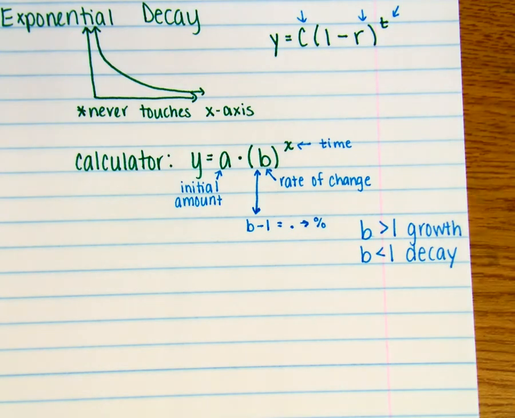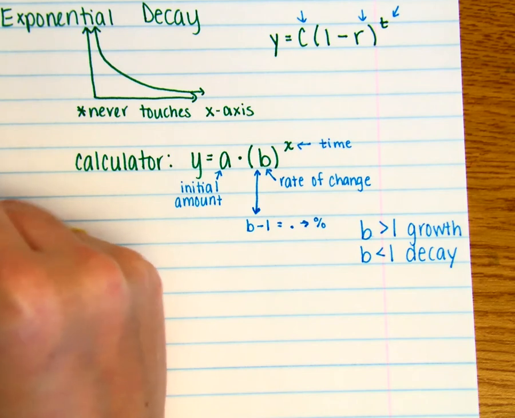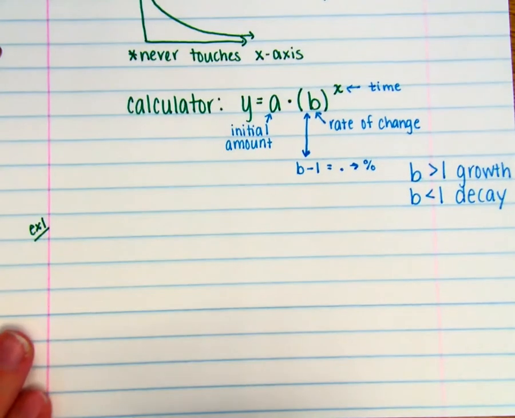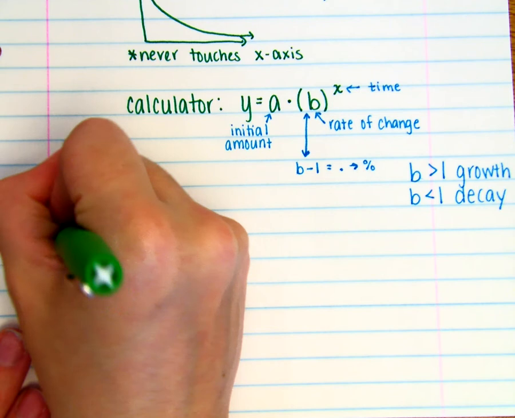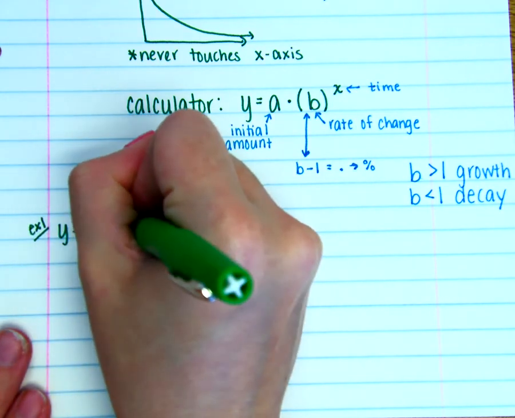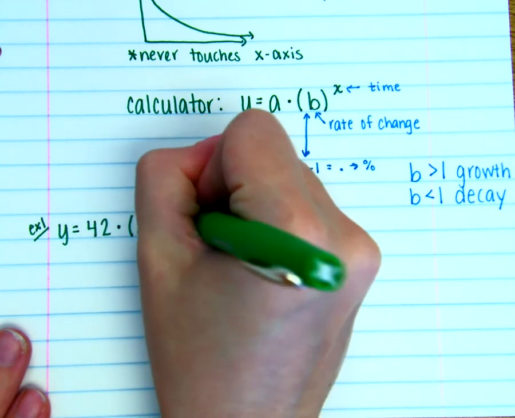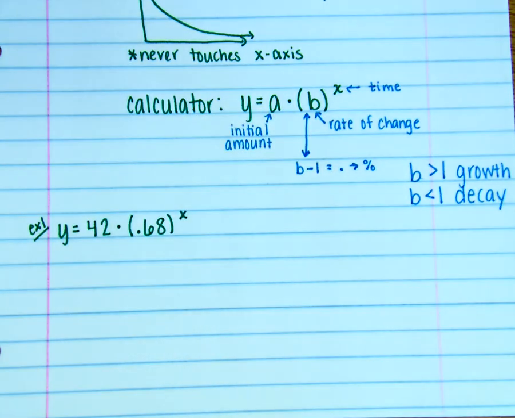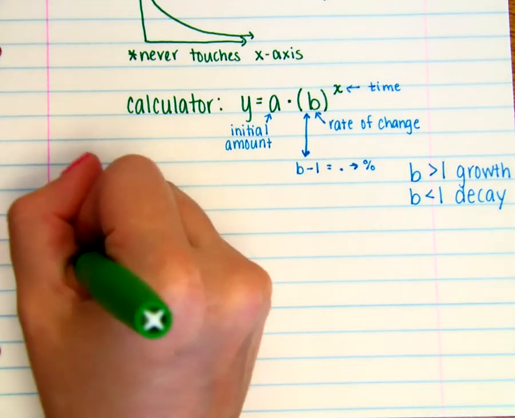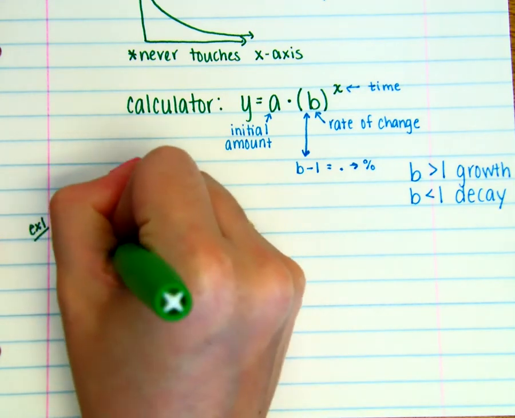Okay. So now we're going to look at a couple examples. And these examples that we're going to go over are what they look like when they come out of the calculator. So if we plug this into the calculator and I got this function, we're going to talk about what does this mean, or what can I do with this? How am I going to understand what this equation is telling me?